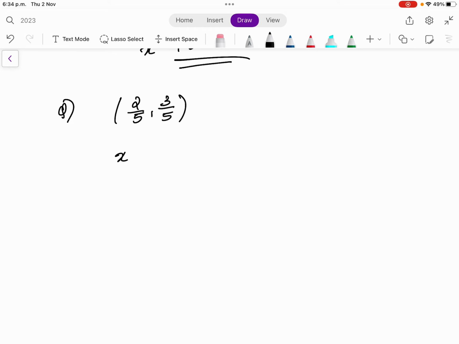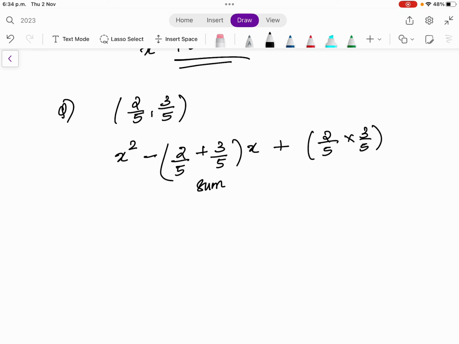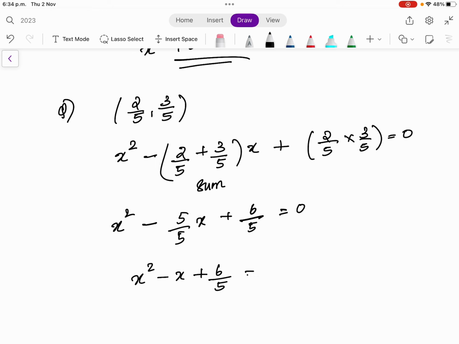So the equation will be x squared minus (2 over 5 plus 3 over 5) times x, which is the sum of the roots, plus 2 over 5 times 3 over 5 is equal to 0. Then simplifying, x squared minus 5 over 5 x plus 2 into 3, 6 over 25, is equal to 0. So this will become 1. So x squared minus x plus 6 over 25 is equal to 0.